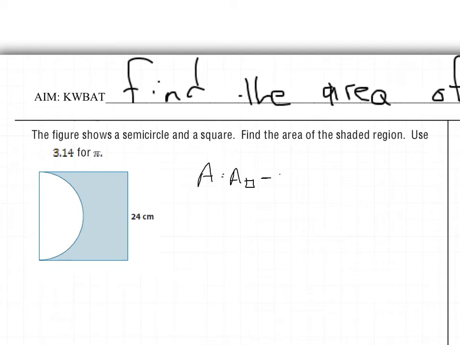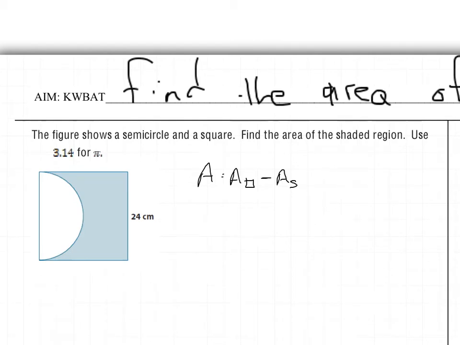So this is the area of a semicircle. This is the story of the problem, and this is the beginning of showing your thought process. If you don't have an equation like this, or at least an expression like this that shows me the story of this problem, then you don't have high quality work.